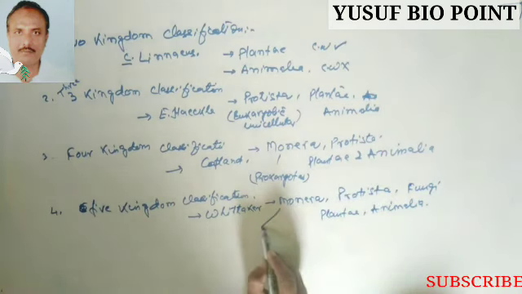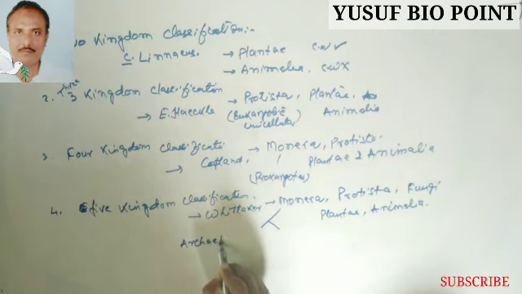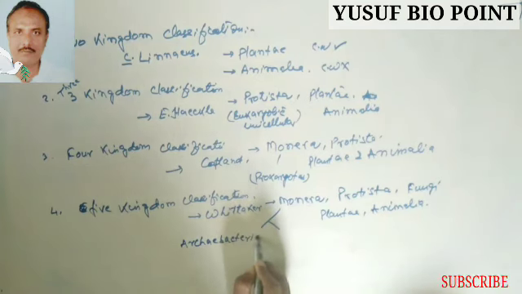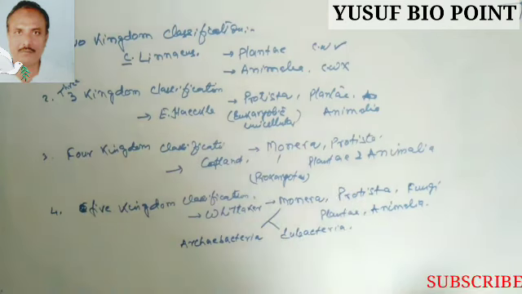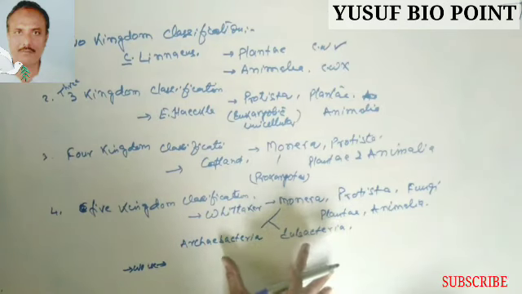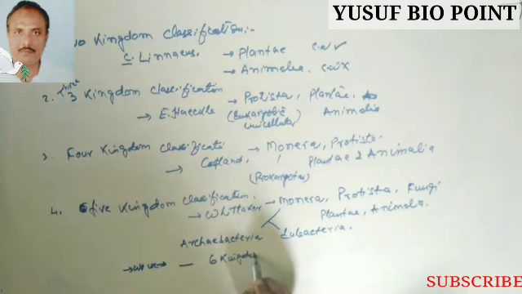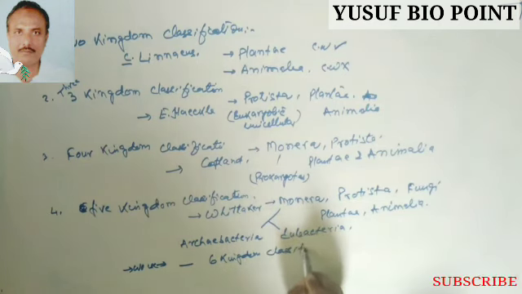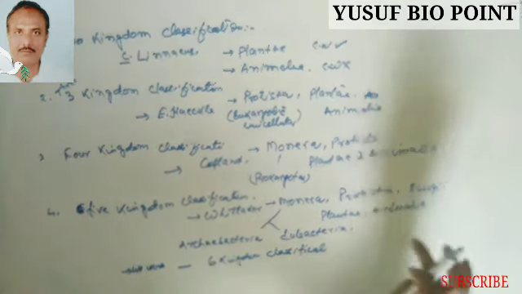Although this Monera is subdivided into two, one is Archaebacteria and next one is Eubacteria, and the scientists who considered these two subdivisions as separate kingdoms, according to this it becomes six kingdom classification: Archaebacteria, Eubacteria, Protista, fungi, Plantae, and Animalia.